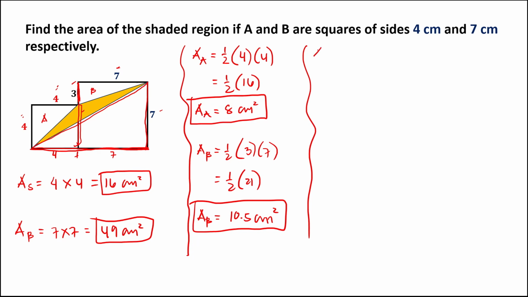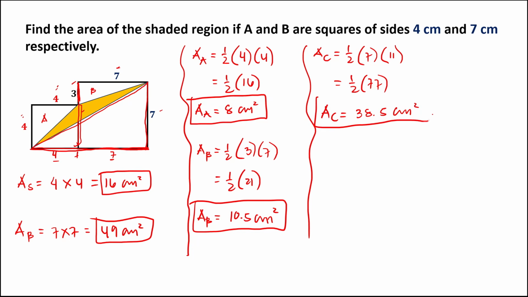So we can find now the area for triangle C. So we have 1/2 times 7 times, so 4 plus 7, this one is 11, or this is 1/2 times 77. So therefore, the area of triangle C is 38.5 centimeters squared.